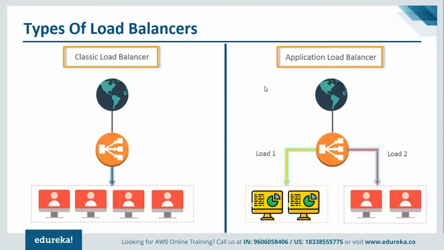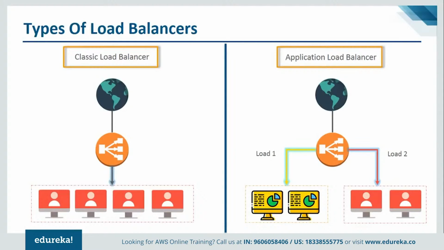If you compare it with the classic load balancer, it does not have that kind of intelligence, right? What it will do is basically all the traffic that it has got incoming to it, it will equally distribute among the number of servers that are under it. All right, but with application load balancer you have this option wherein you can divide the traffic according to the needs of the customers.